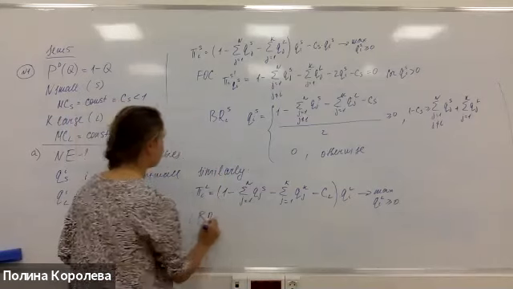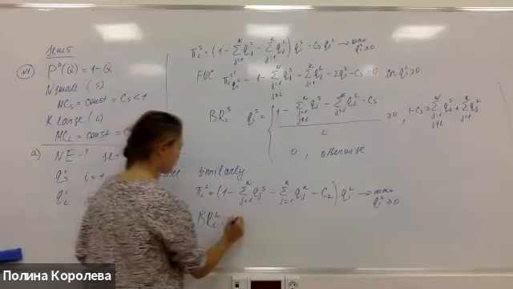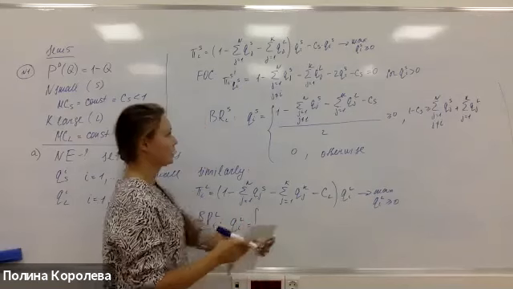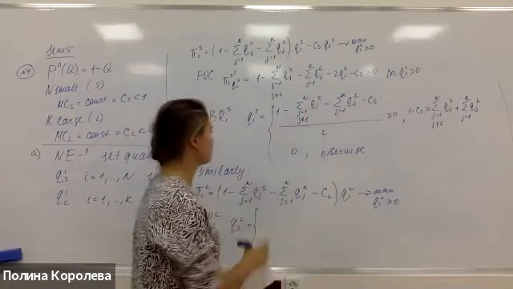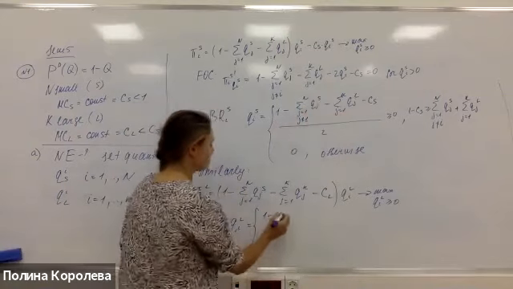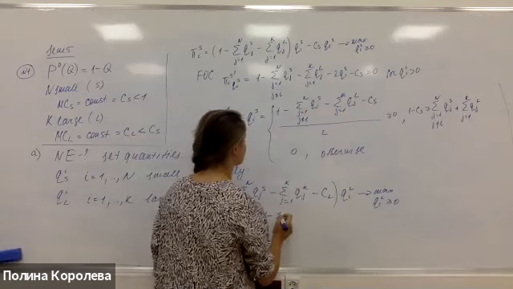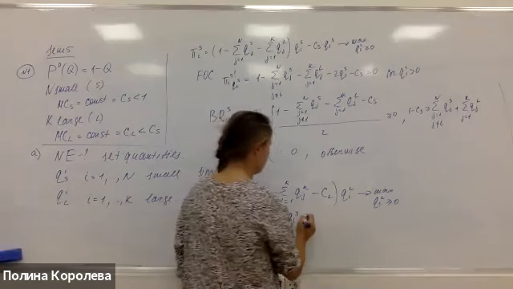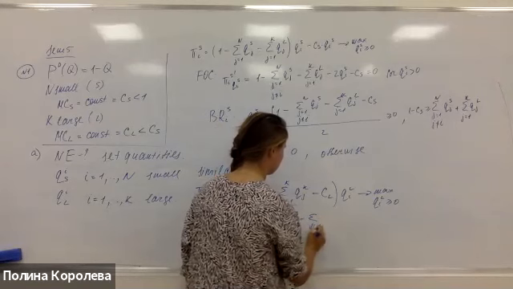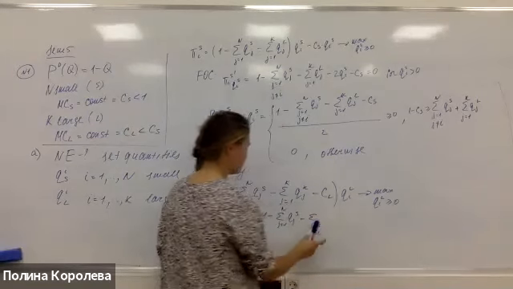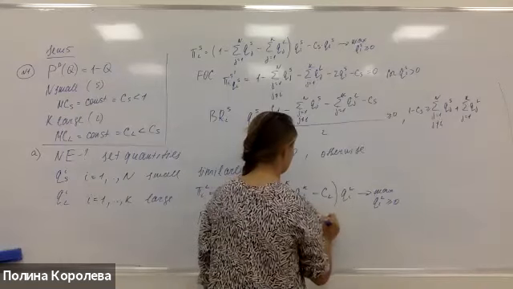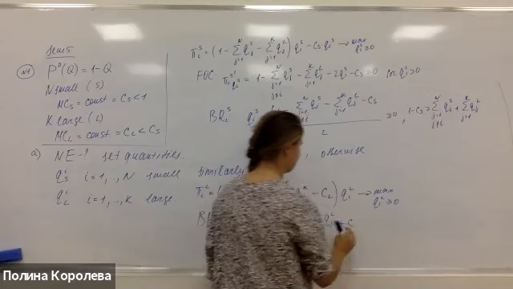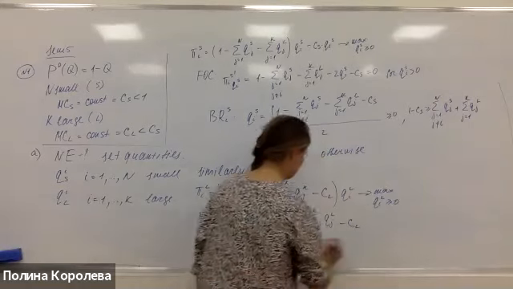Best response of firm i large: the quantity of firm i large is equal to the same, but we will change a little bit. 1 minus the sum of quantities of all small firms from g equal to 1 to n, minus the sum from g equal to 1, g not equal to i, our firm, to k of q_g^l, minus costs, the marginal cost of large firm, divided by 2.